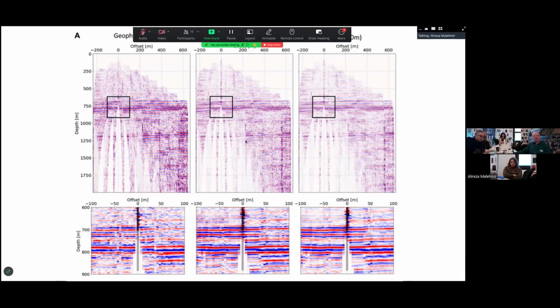We have the DAS where the data have been binned in the same way as for the geophone, and here the binning has been more dense to try to increase the resolution. And we see that with the DAS data in this case, we're better able to map the reflectors away from the borehole. And if we bin at even higher density, we produce a better image than what we're capable of doing with the geophone. So here I would say that the DAS is outperforming the geophone.